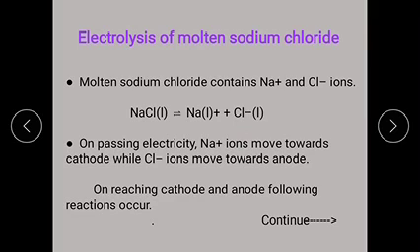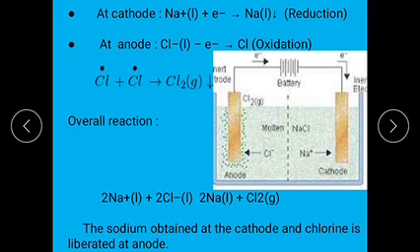On reaching the cathode and anode, the following reactions occur. At the cathode, which is a negatively charged electrode, it attracts the positively charged ions, that is cations. When they gain electrons, they are reduced to sodium.